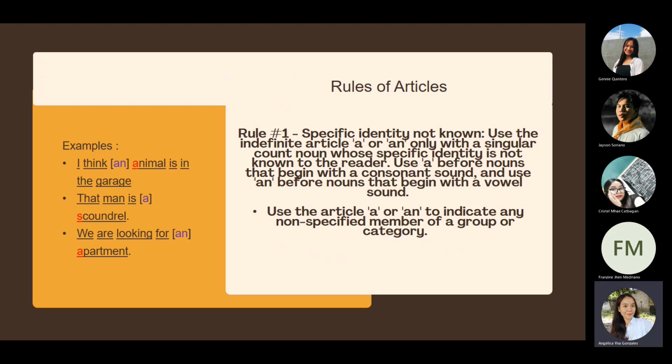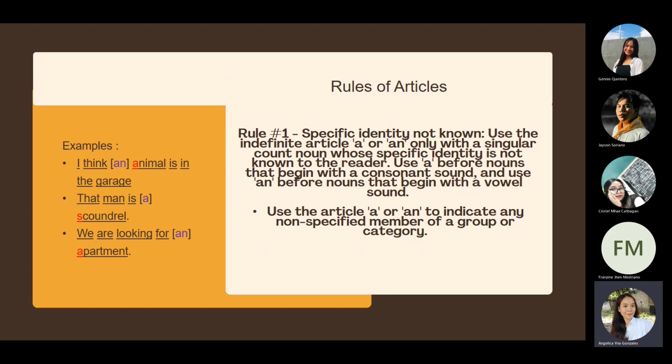Okay, let's jump into the rules of articles. First, specific identity not known. Use the indefinite article a or an only with a singular count noun whose specific identity is not known to the reader. Use a before nouns that begin with a consonant sound and use an before nouns that begin with a vowel sound.